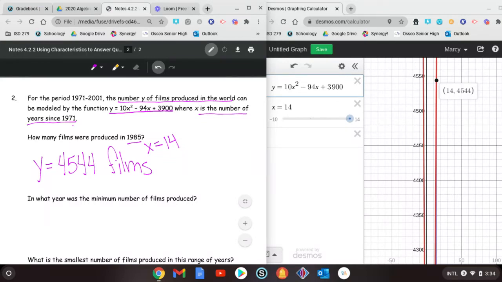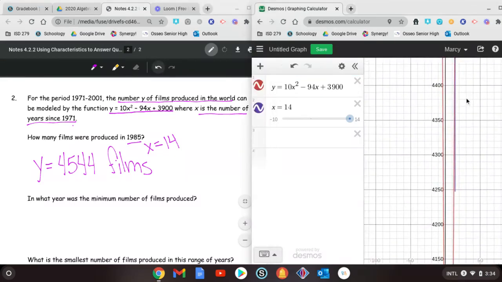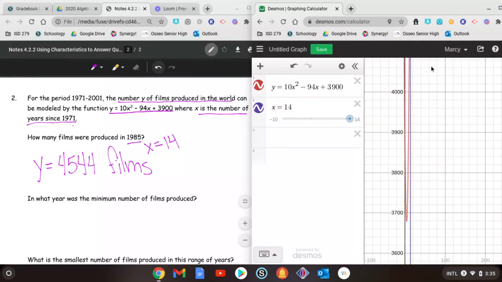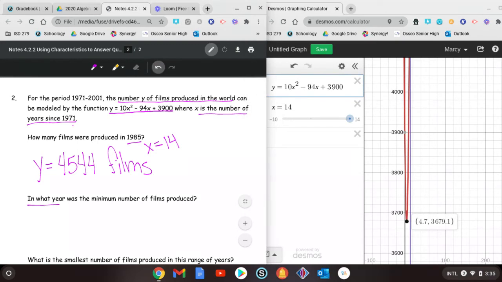In what year was the minimum number of films produced? You need to go down to your graph and find the minimum. It said in what year, so I want to know the X value. I do not need to know the Y value. My X value is 4.7, but that's not what it asked.